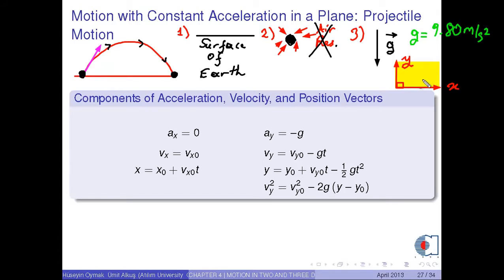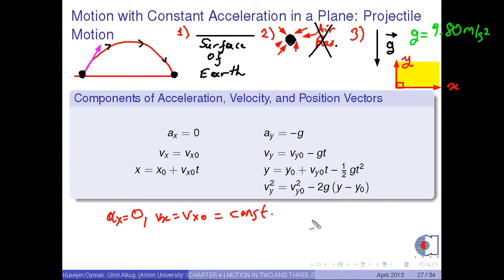This means that the horizontal velocity of the projectile remains always constant, being equal at any time to the initial velocity. That is, Vx equals Vx0 equals constant. The sole vertical acceleration is always downward.